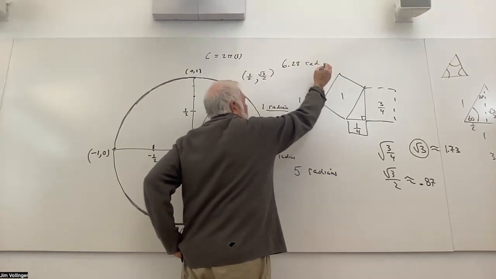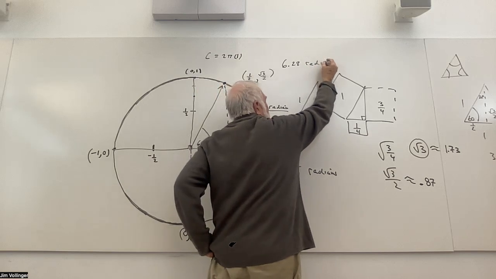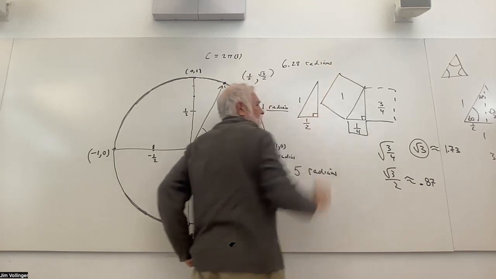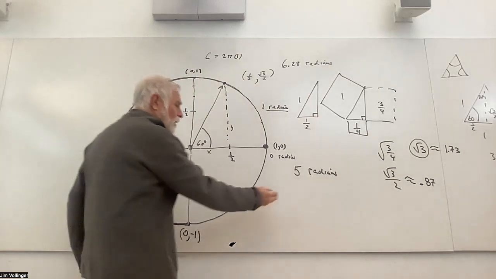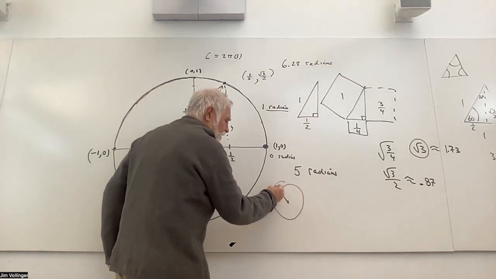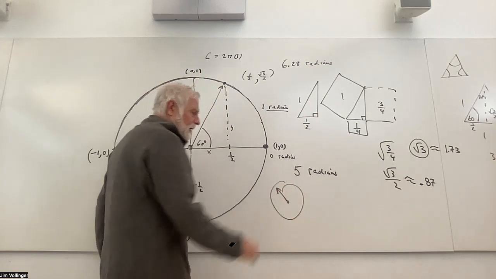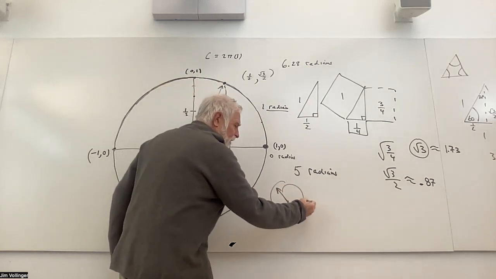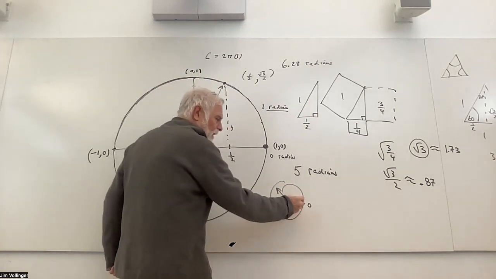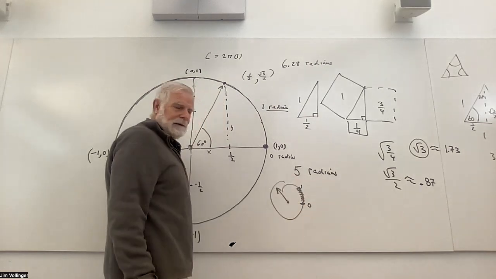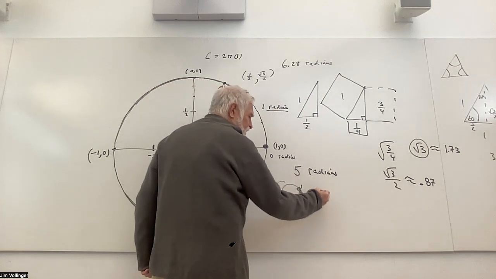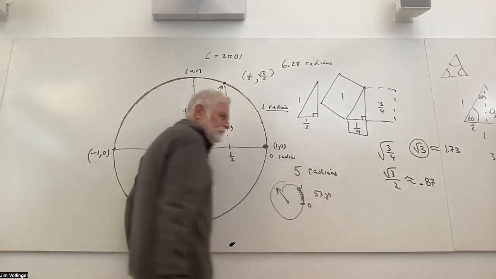And I'm not going to say radius lengths anymore. I'm going to say radians, because the word radius has been reserved for the center to the circumference. Radius length is measured from over here. There is no length. And then if we travel one radius length, turns out that's about 57.3 degrees.